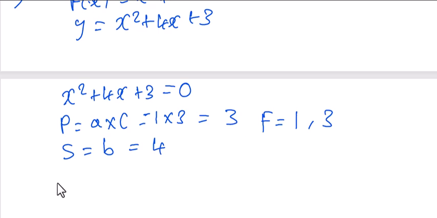So we're going to replace the middle term with these numbers. We are going to have x squared plus x plus 3x plus 3.